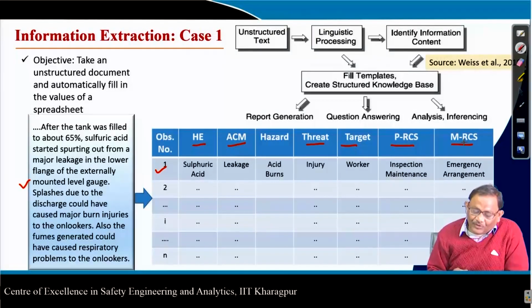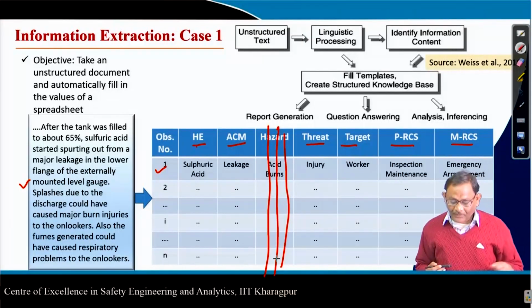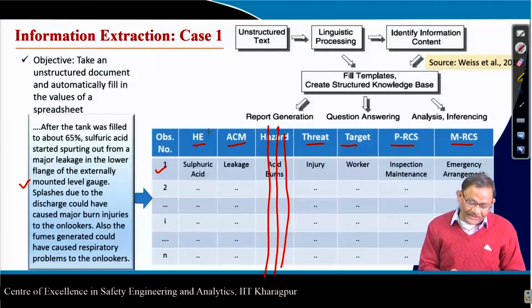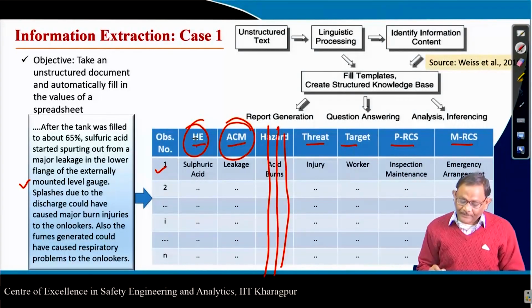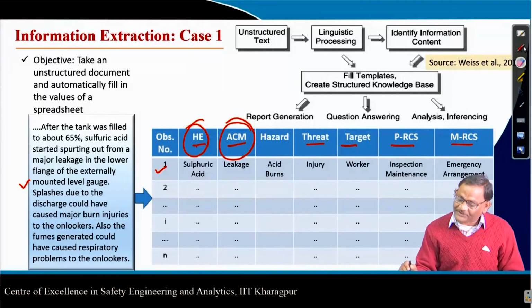Okay. So actually this we are basically talking about, although this is not required, this is a wrong thing. So observation, hazardous element, accident causing mechanism, then threat, target, preventive RCS. This is a type of mistake.